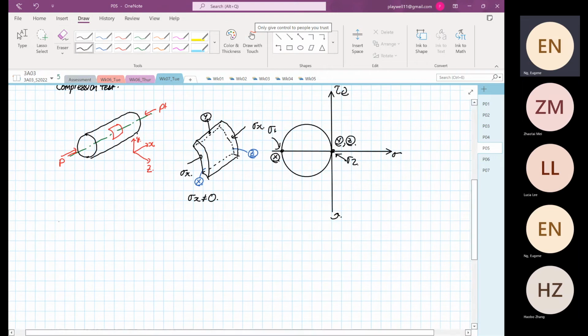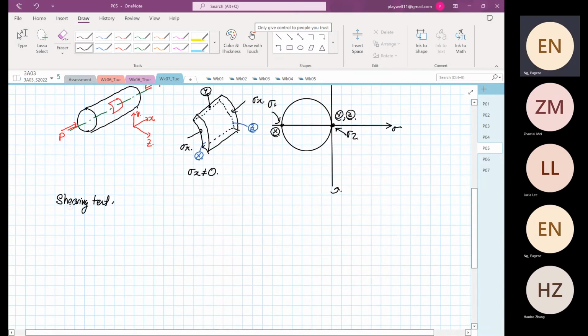So for shearing test, we have a structure. So now we go through a torsion.